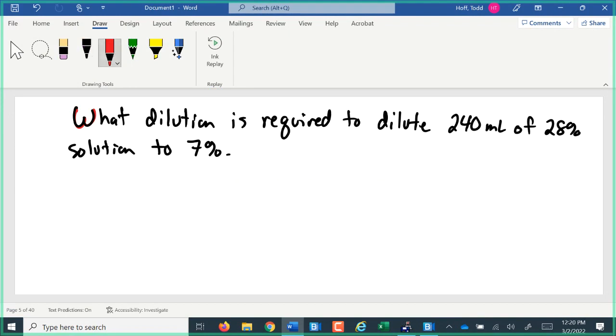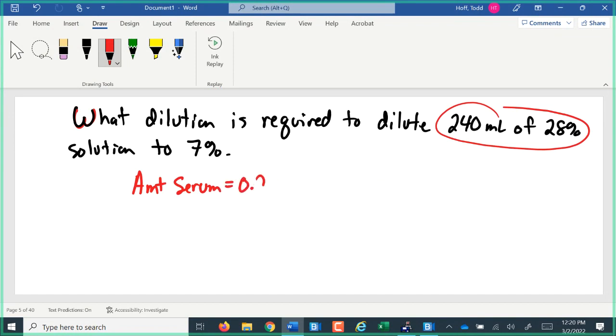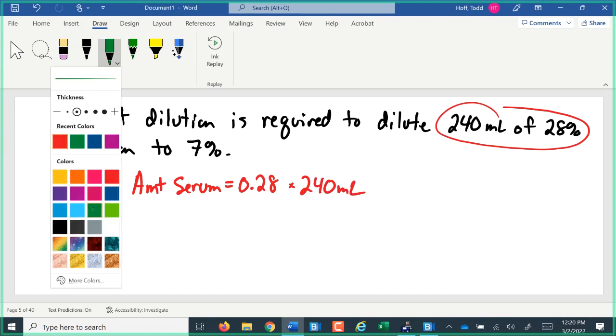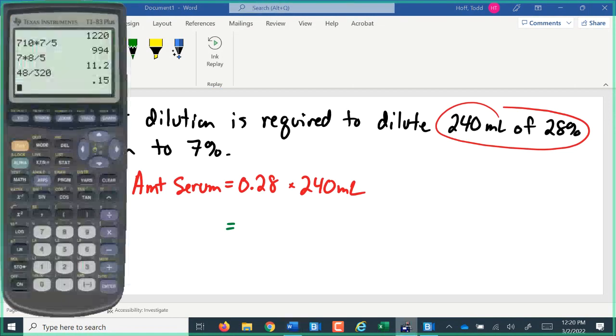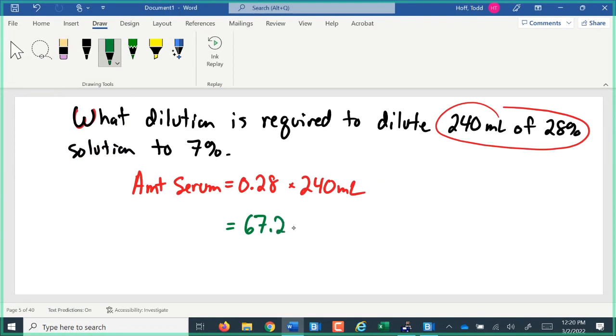So we start off with the solution we have, the 240 milliliters of 28% solution, and we're going to find the amount of serum. 28% is a rate of 0.28 times our total amount of 240 milliliters. 0.28 times 240, 67.2 milliliters of serum.